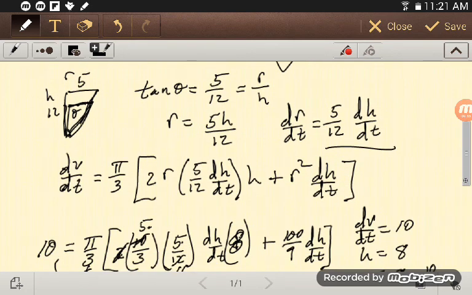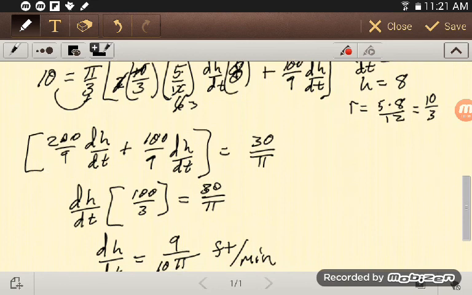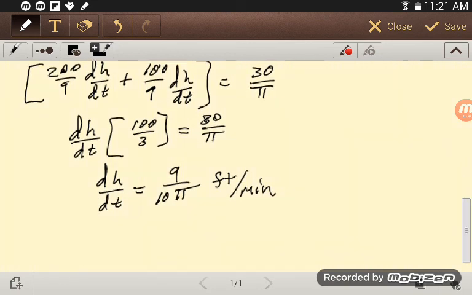It's a pretty simple relationship between r and h, and we had to use that and do another related rate step. We plug that all into the original dV/dt equation, and after all that, we get 9 over 10 pi, which is a little less than 3/10 feet per minute. Okay, so that is number 18.